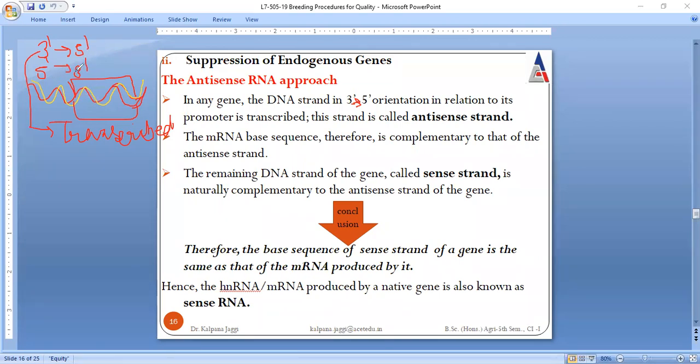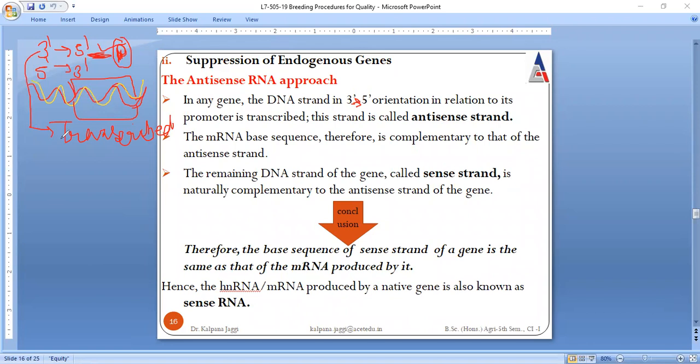Now, the strand that is in the 3' to 5' orientation has this orientation in relation to its promoter, very important. Wherever its promoter is placed, from that particular promoter, its direction is 3' to 5'.